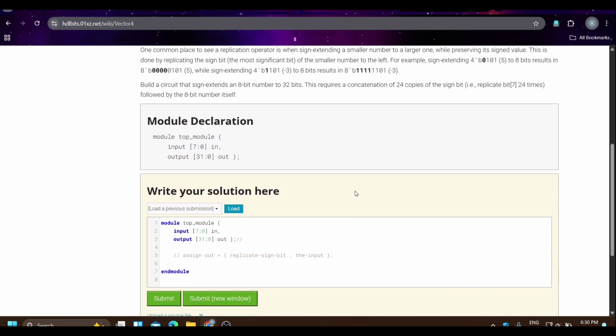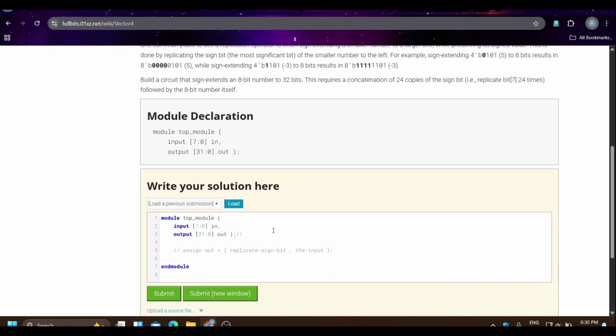So let's solve the question. How can we write the code for that? Assign out equal to, see, we are keeping the same input bits, those are 7 down to 0.